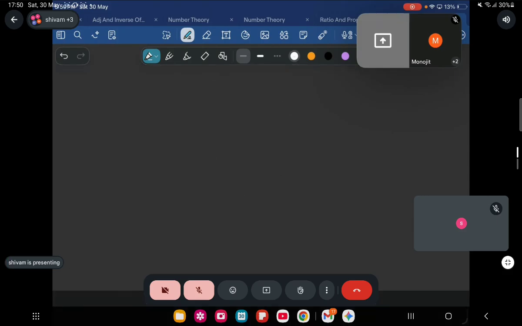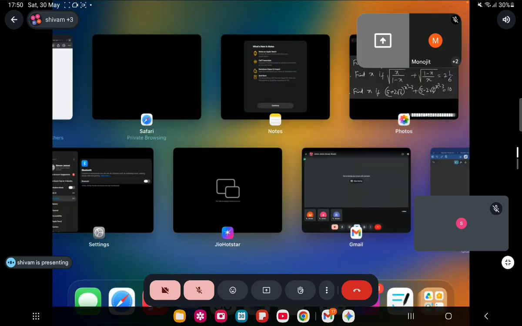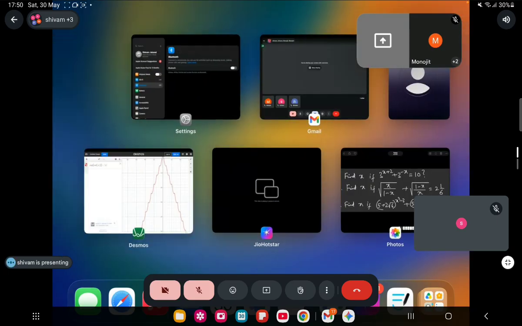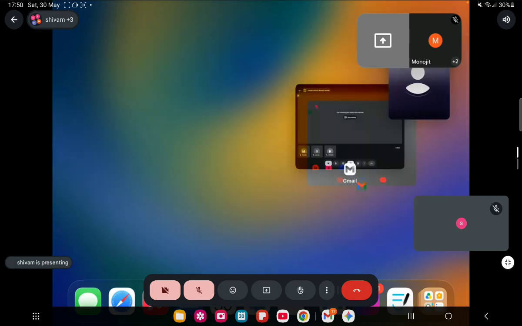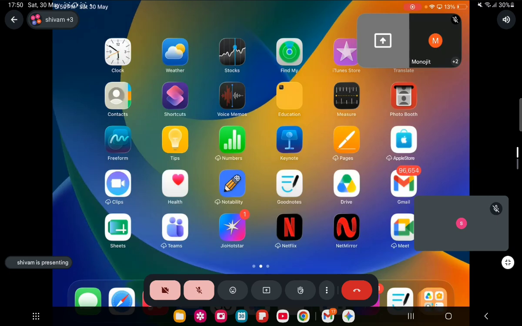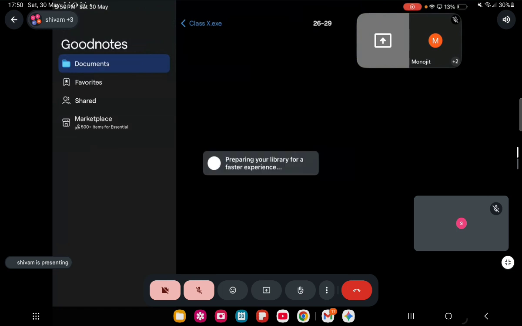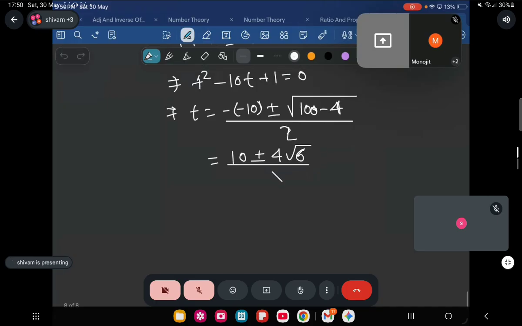Right, tell me. Working properly. Okay, 10 plus minus 4 root 6 divided by 2.